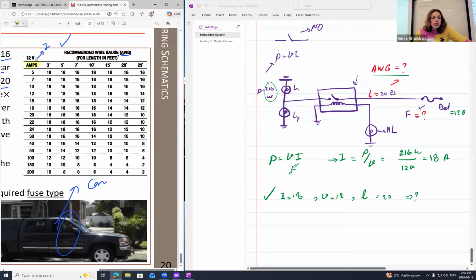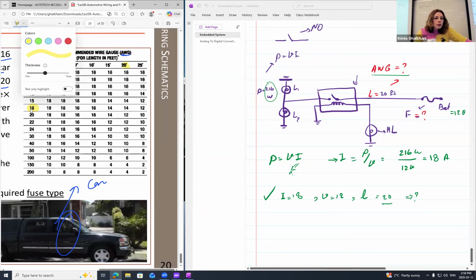And then voltage is given, supposed to be 12. And I have the length, which is this one. Now, how do we find it? Current 18 means this one. So far, so good. And then we have the length also, 20.